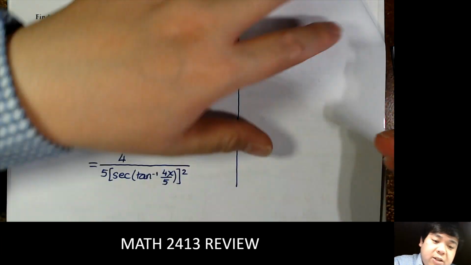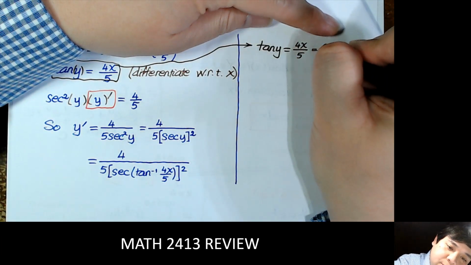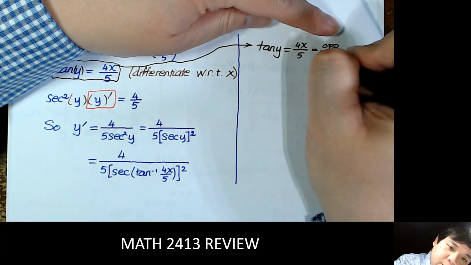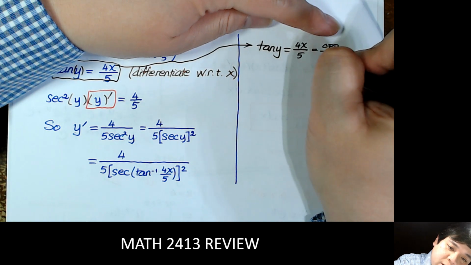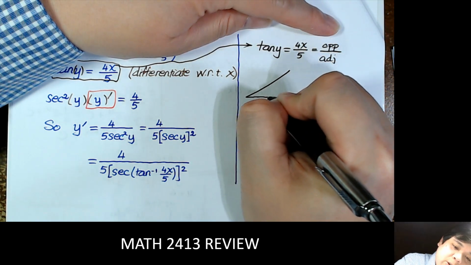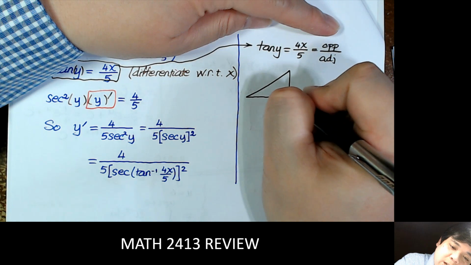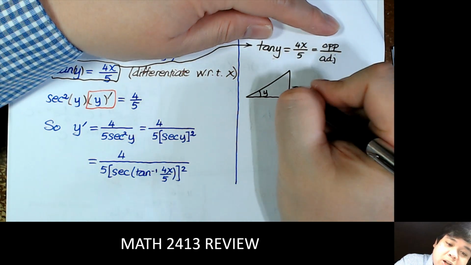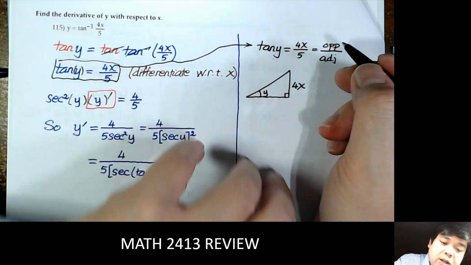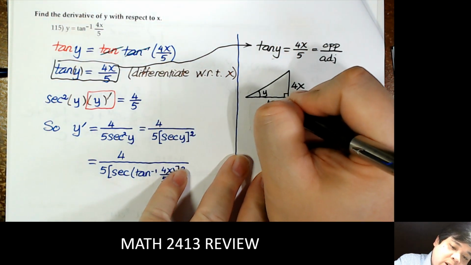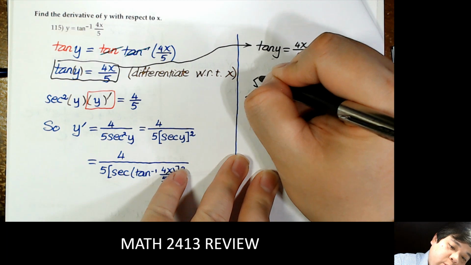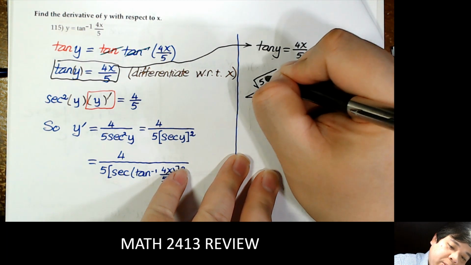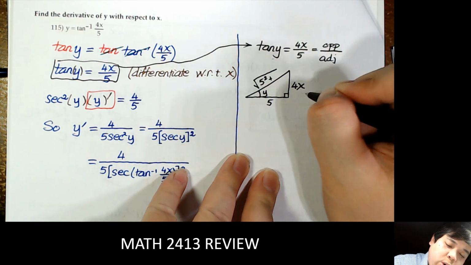Tangent is opposite over adjacent. So if we're going to draw a triangle, that angle is going to be y. Opposite to that is 4x. Adjacent to it is going to be 5. The hypotenuse therefore is the square root of 5 square plus 4x square.